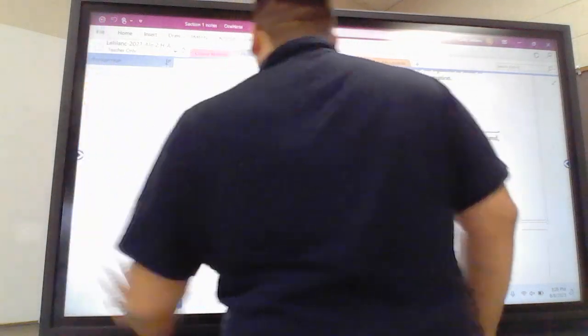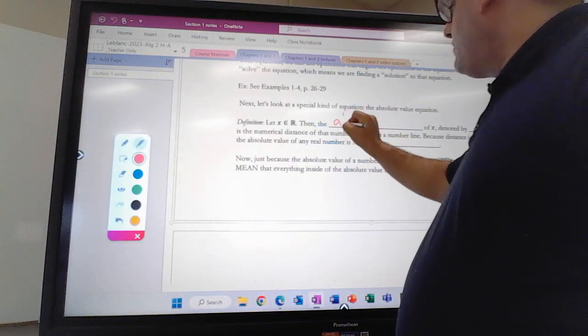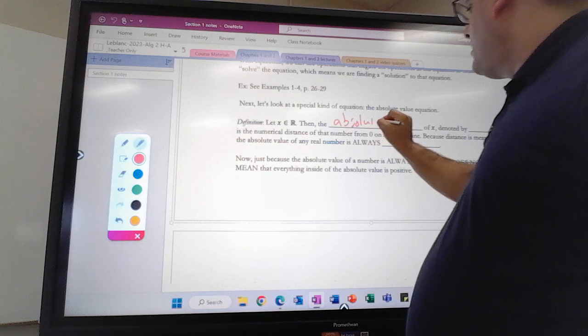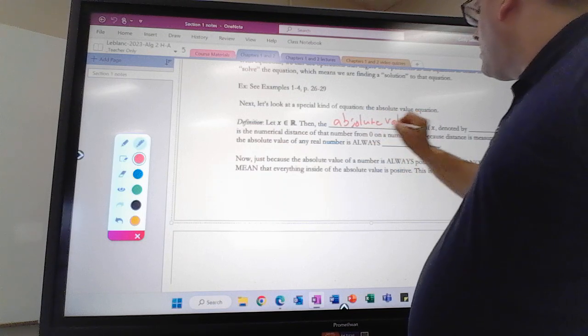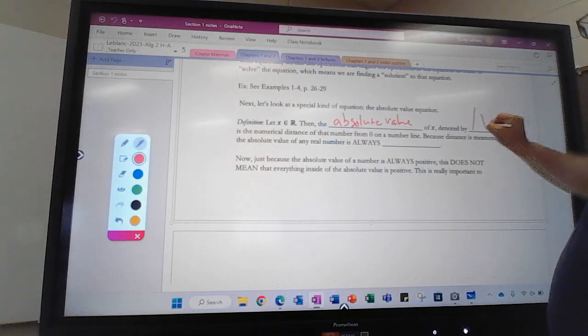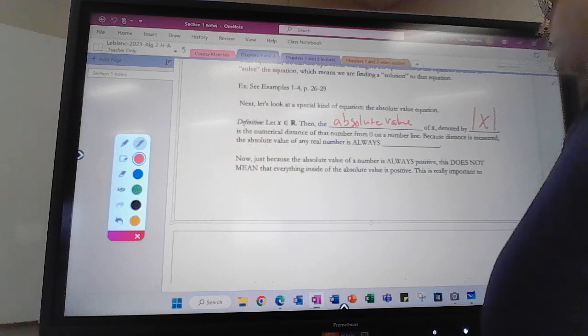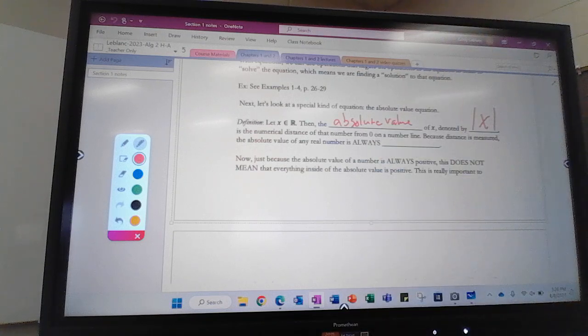For any real number x, its absolute value, which is given by x with 2 vertical lines around it, is the numerical distance of that number from 0 on a number line.